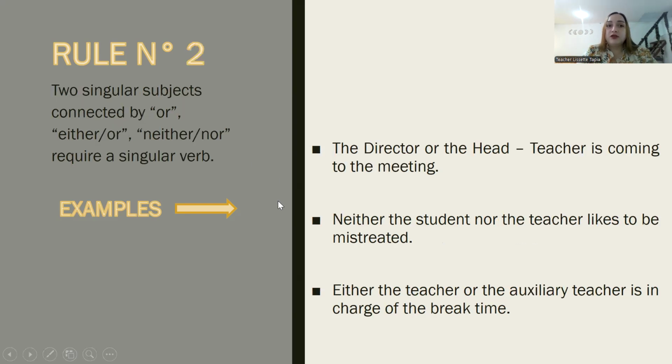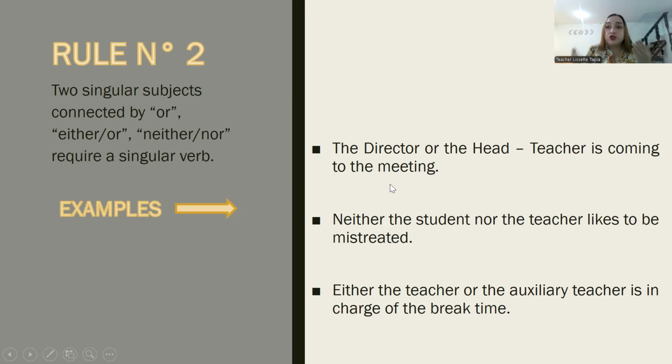Now, rule number 2 says that 2 singular subjects connected by or, either or, neither nor, require a singular verb. Why is this? Because we are using singular nouns or singular subjects. For example: the director or the head teacher is coming to the meeting.